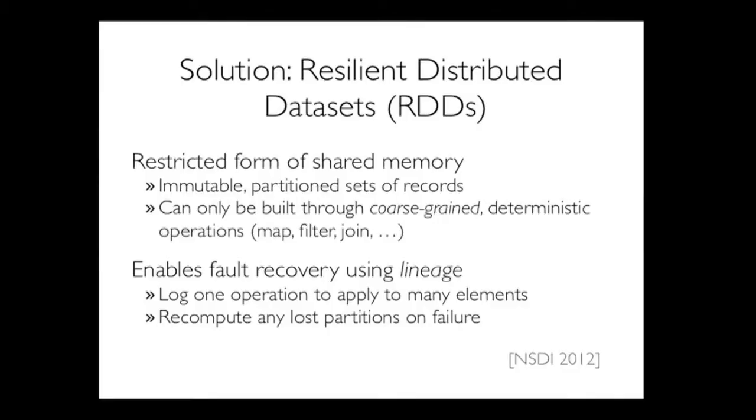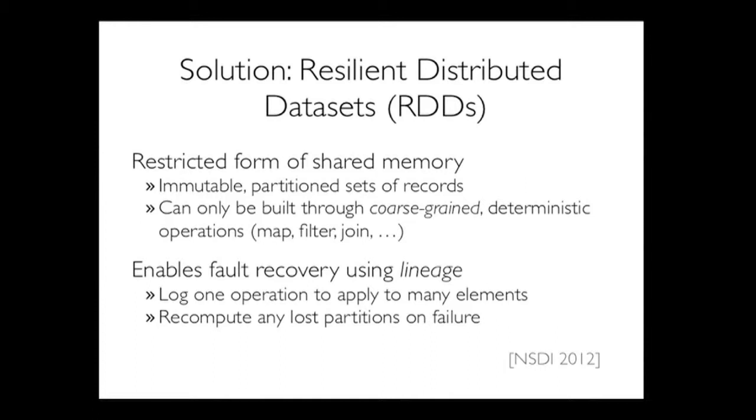So that's what we wanted to do. Can we provide fault tolerance without relying on replication? The solution we came up with is an abstraction called resilient distributed datasets, or RDDs, which provide a restricted form of shared memory. Instead of letting you do arbitrary updates to this shared state, where it's really hard to make that reliable, RDDs are restricted in two ways.